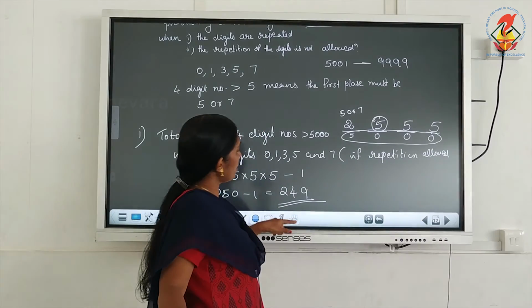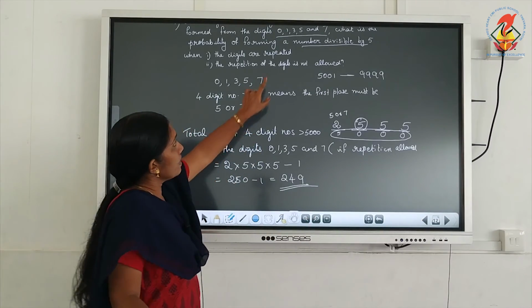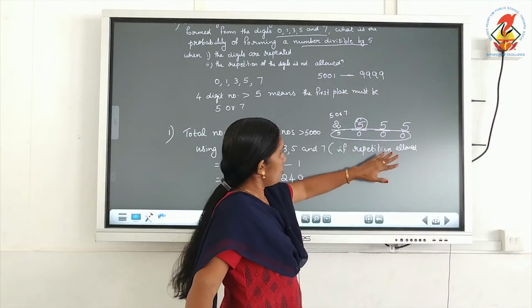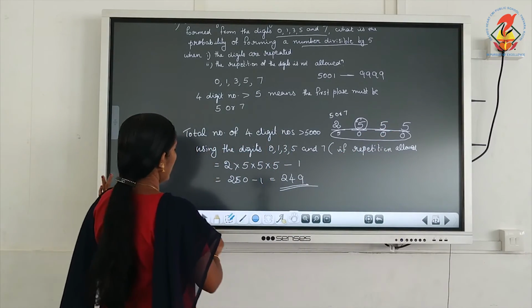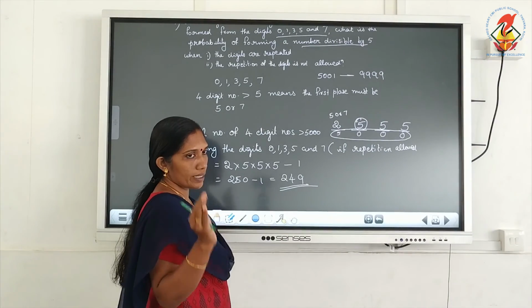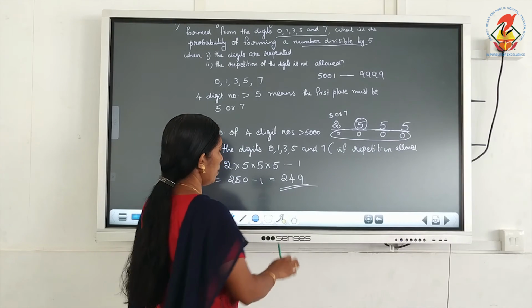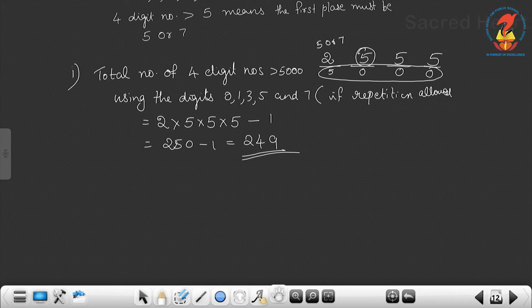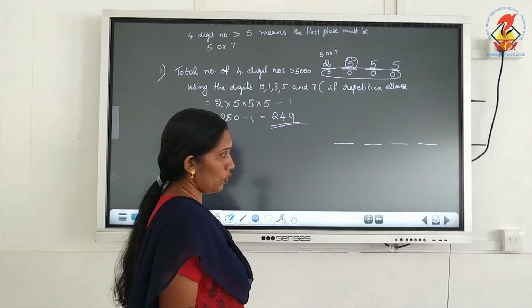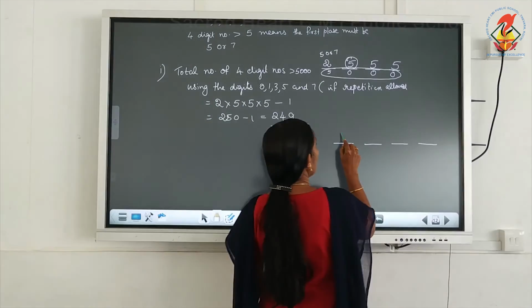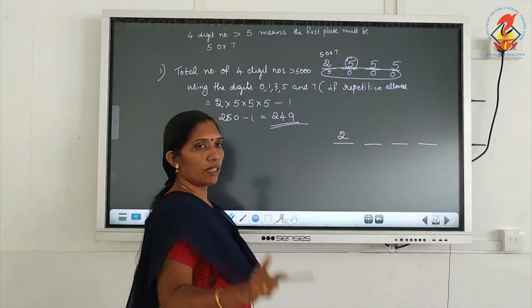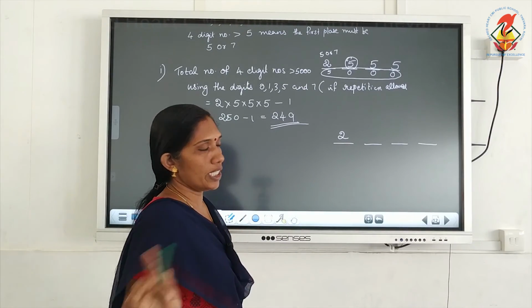Now what is the numerator part? The number must be divisible by 5. So think how to find a 4-digit number greater than 5000 divisible by 5, repetition allowed. The first place we can fill in only 2 ways. We can use either 5 or 7. No change in that.